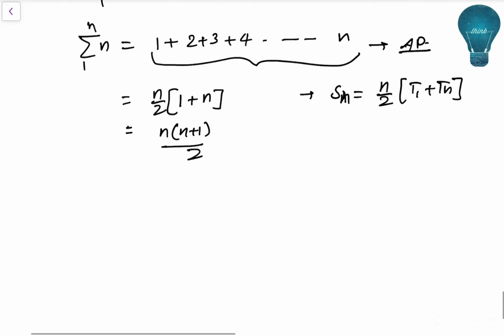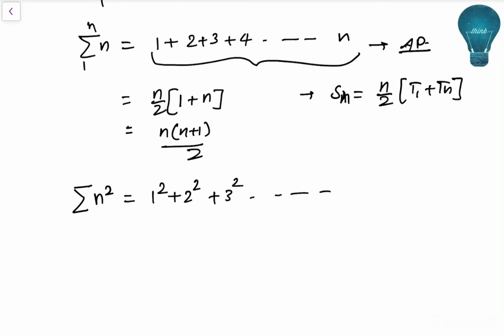So if I ask you, do you know the formula of sigma n square? The meaning of sigma n square is 1 square plus 2 square plus 3 square dot dot n square. The most important thing here is this sequence is not an AP, not a GP, not an AGP.